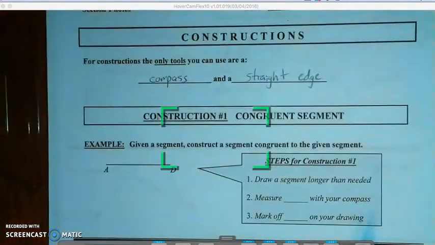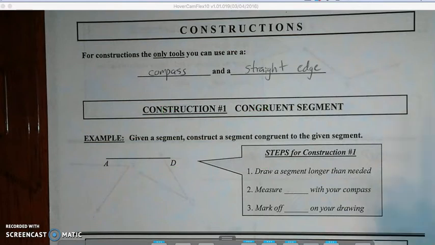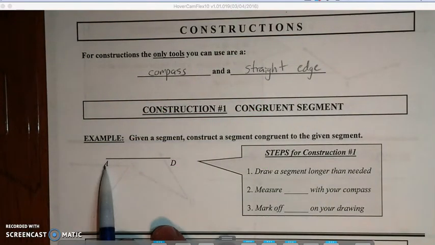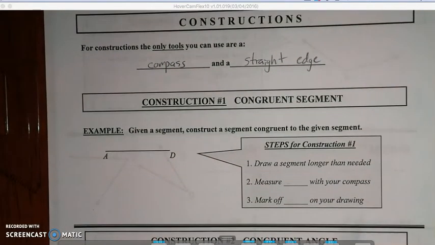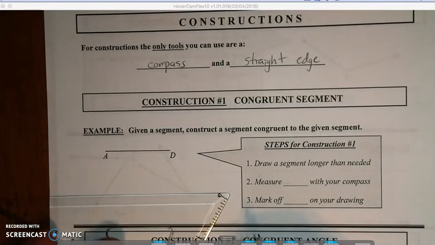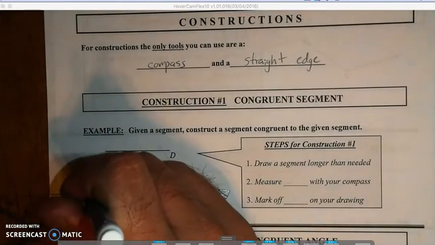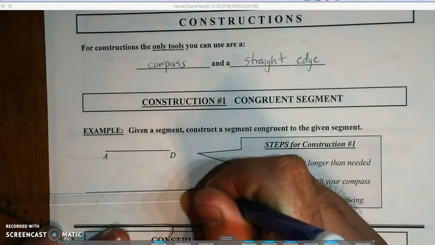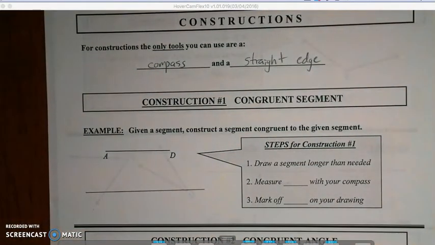Our first construction was constructing a congruent segment. We're given segment AD, and we're going to draw a segment that's longer than needed. Using our straight edge, it's possible to draw a straight line like so.